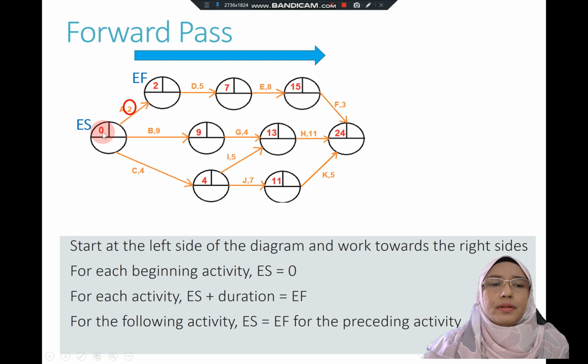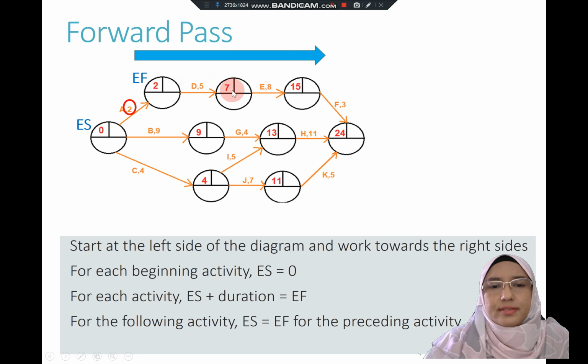In this example, the early start is 0. The duration for activity A is 2 weeks, and the early finish is 0 plus 2, which is 2. And to get the early start and early finish for activity D, it is 2 plus the duration 5, which gives you 7.